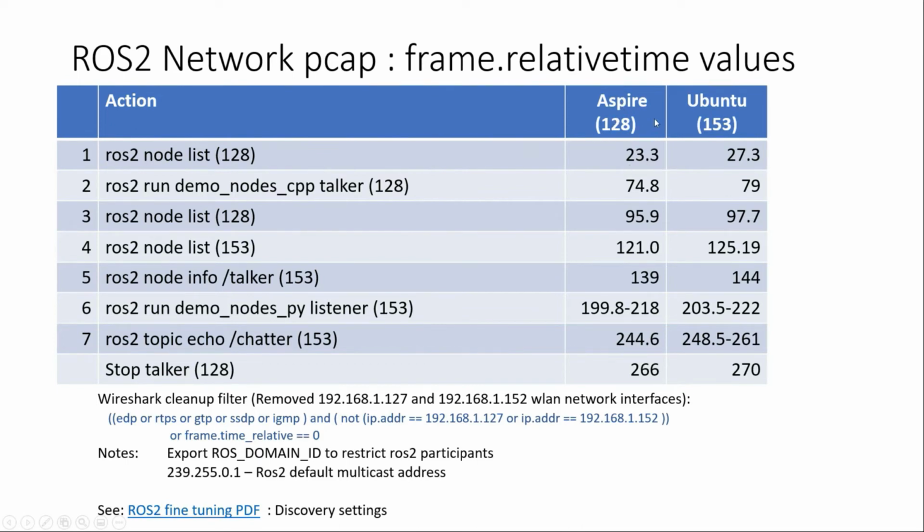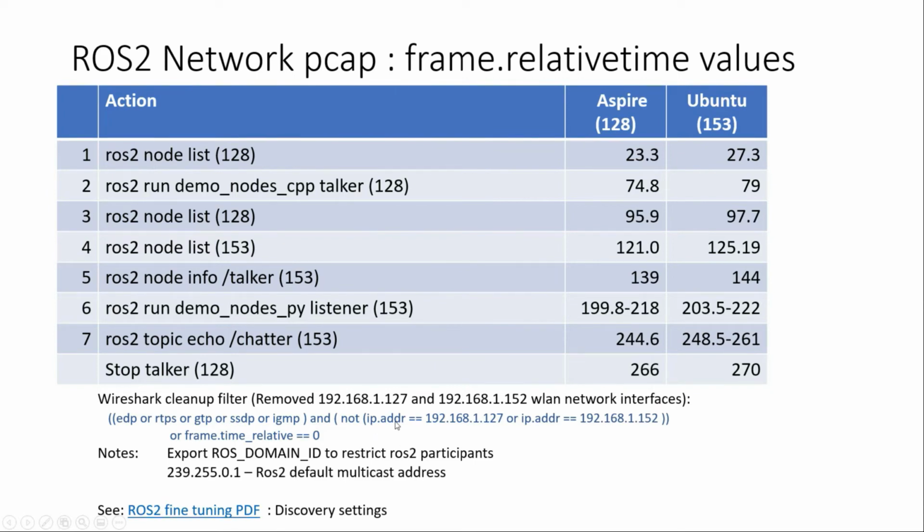hosts, so the Aspire and the Ubuntu host, so it's the end of the IP address for each of those. I went through the traces, I cleaned them up. When I first looked at them, I found the majority of the traffic is RTPS and IGMP, which are the ones of interest, so I filtered down to those and some extra protocols that DDS uses.